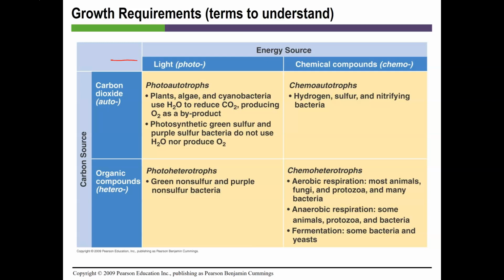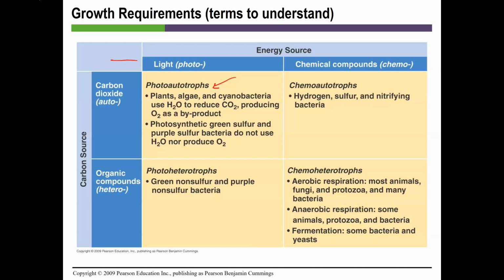For example, if you have an organism that uses light as its energy source and carbon dioxide as its carbon source, it would be a photoautotroph. Like the cyanobacteria and algae we talked about in the last chapter, the microbes that photosynthesized.